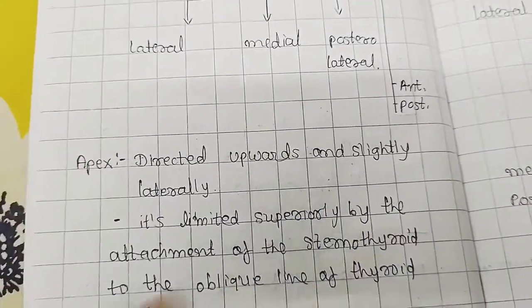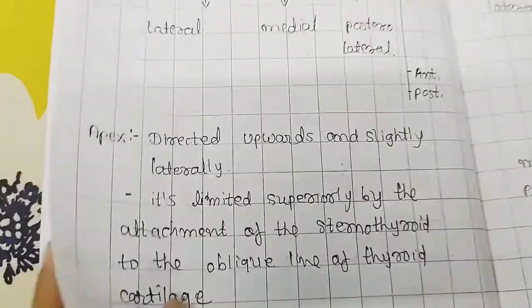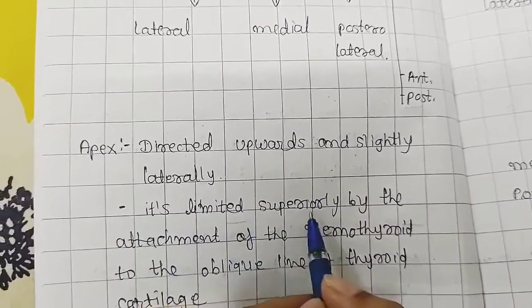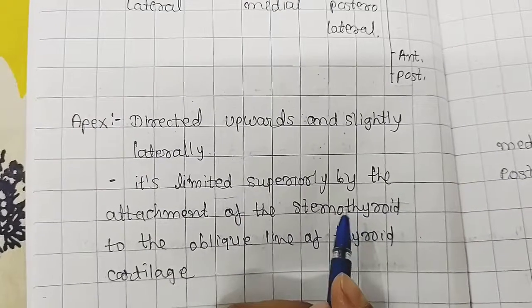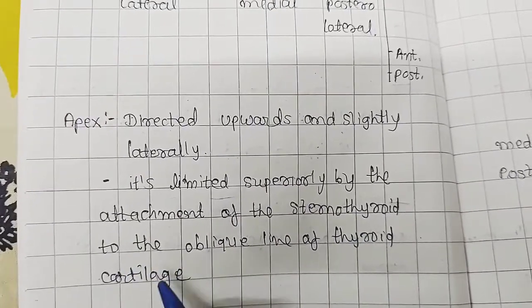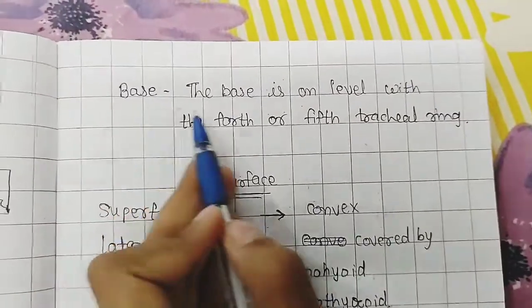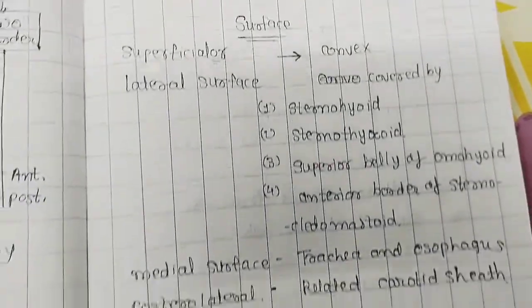The apex is directed upward and slightly lateral. It's not perfectly in the middle, it's slightly lateral. The apex is attached by the sternothyroid to the oblique line of the thyroid cartilage. The base is at the level of the fourth and fifth tracheal ring.